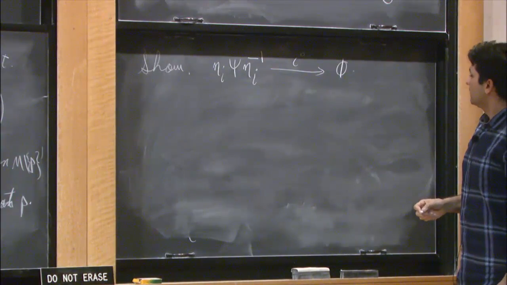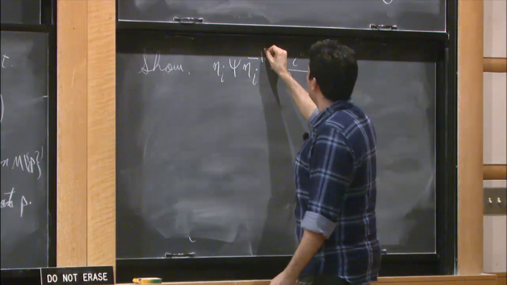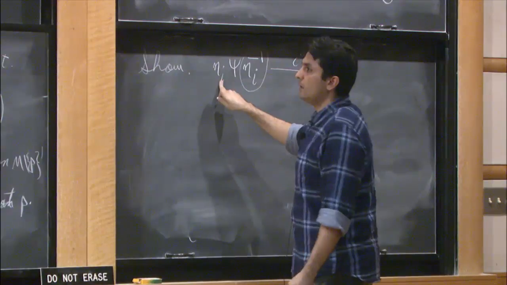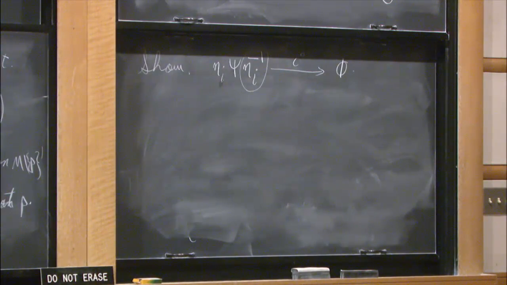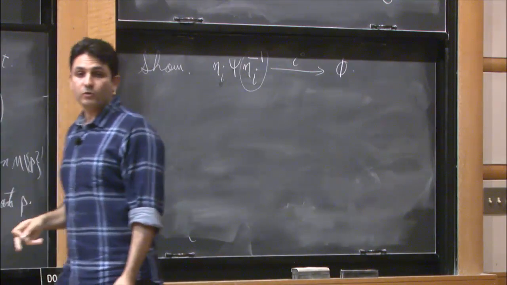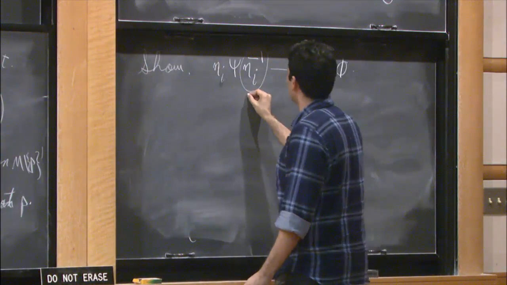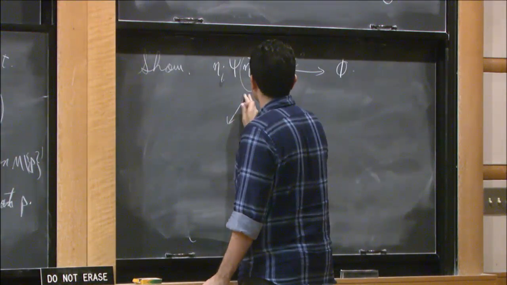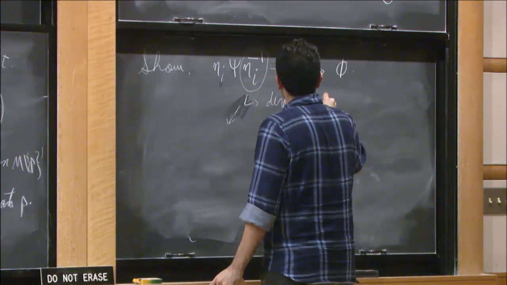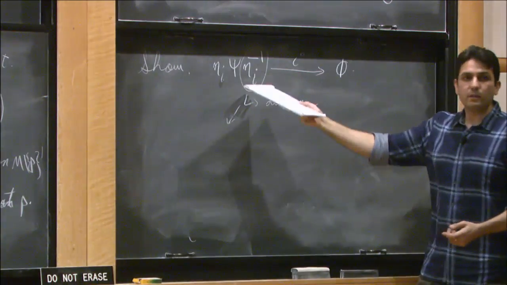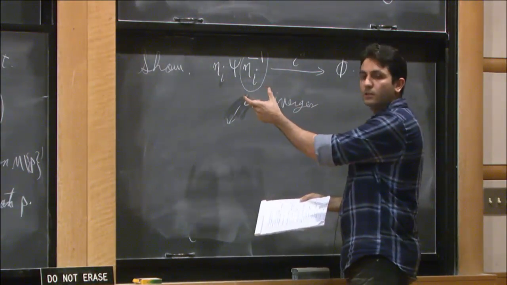And this is despite the fact that these eta i's C0 converge to a map which is not a homeomorphism. So this sequence diverges. But despite the fact that these eta i's diverge, the sequence of conjugations converges.